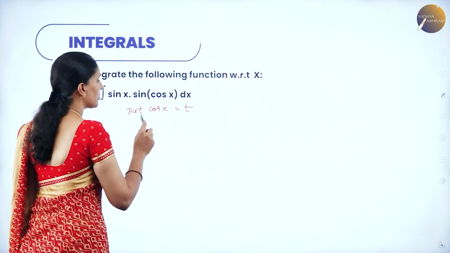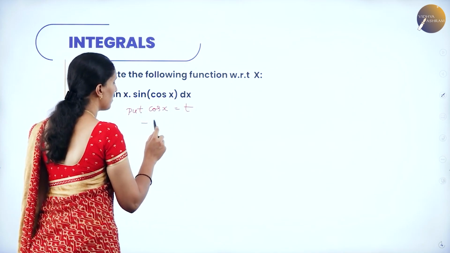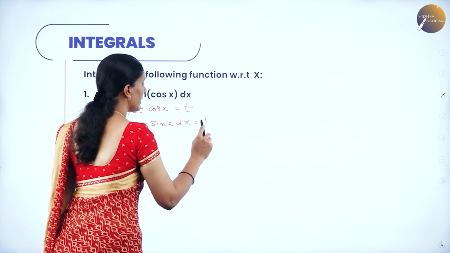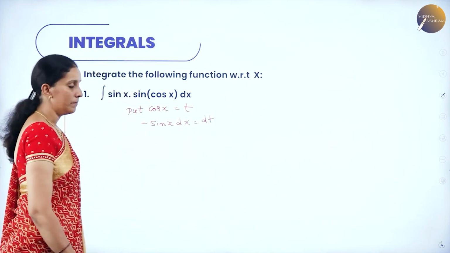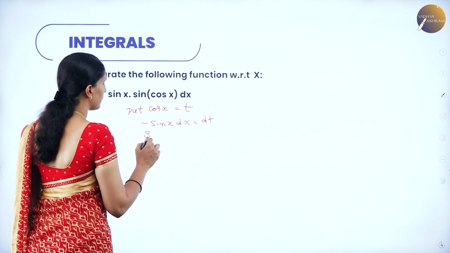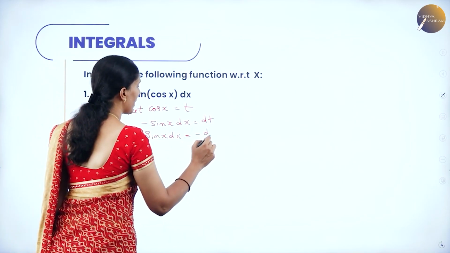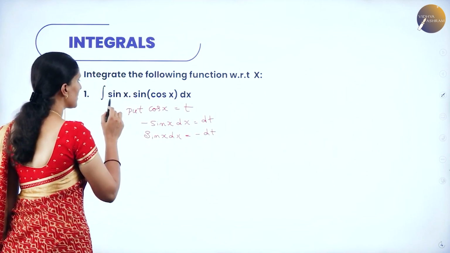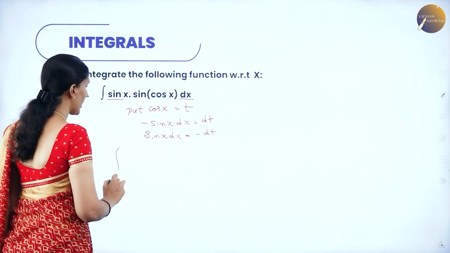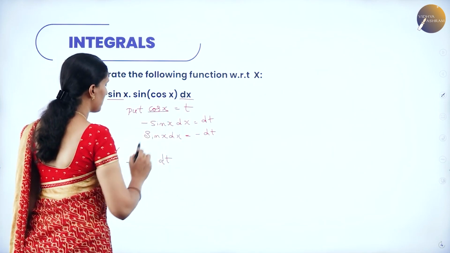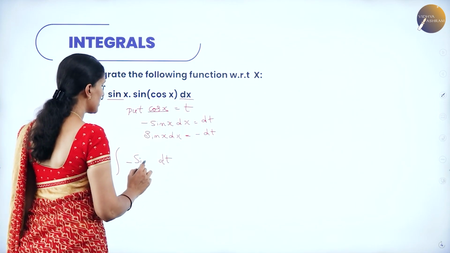Then differentiate it: derivative of cos x is minus sin x dx equal to dt. Now here we need sin x into dx, so this becomes minus dt. In the place of sin x dx, just write minus dt, and in the place of cos x put t, so that it becomes sin t.